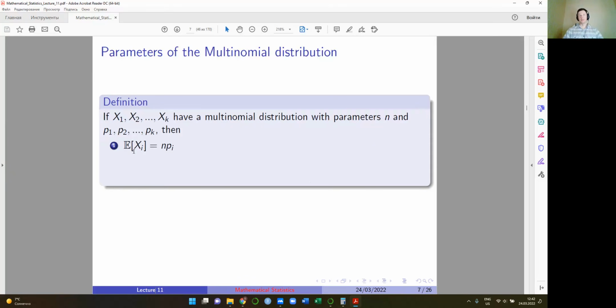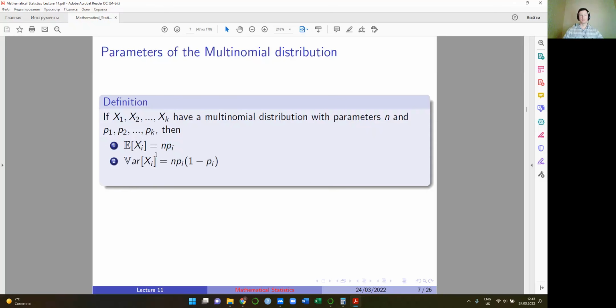So first of all, the expected value of a particular x_i is simply equal to n, the number of trials, multiplied by p_i, the probability that a given variable falls inside the category i.